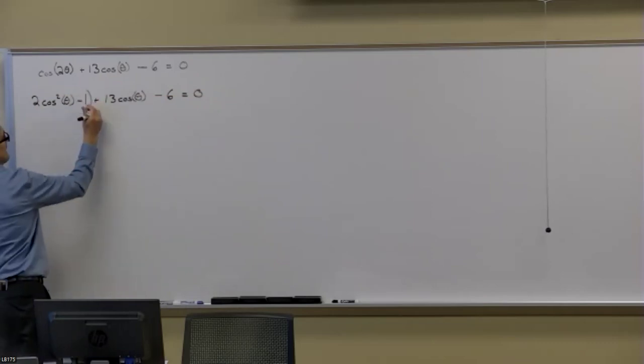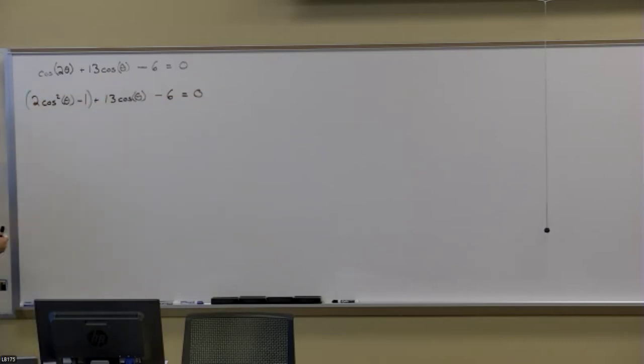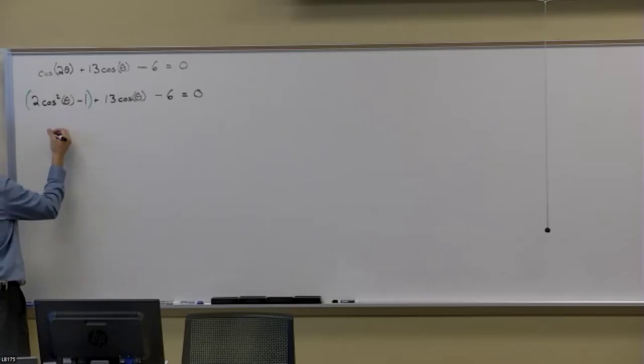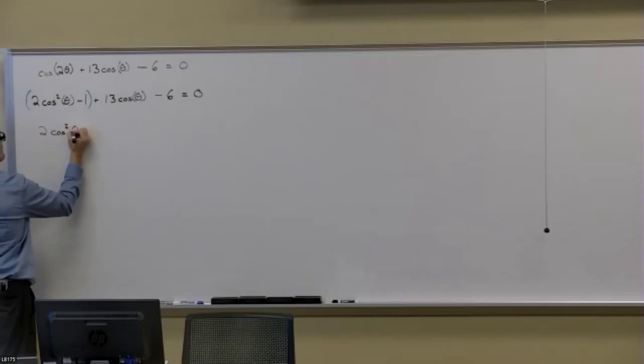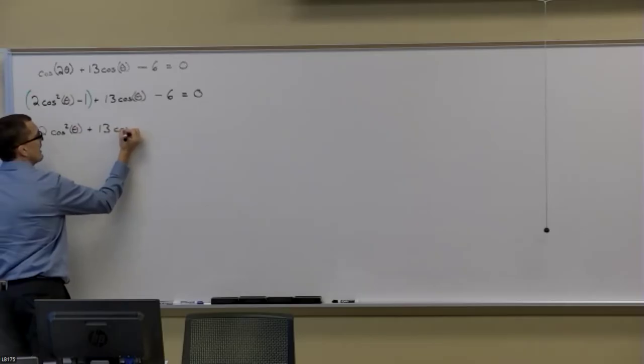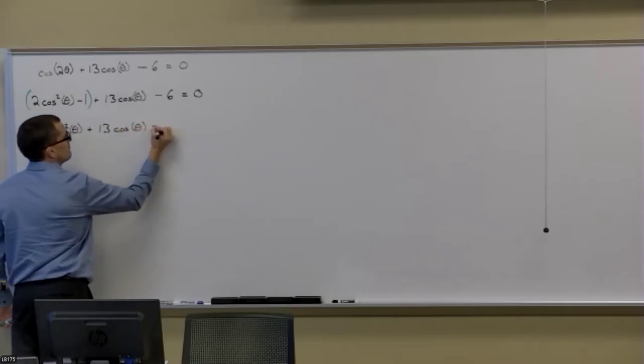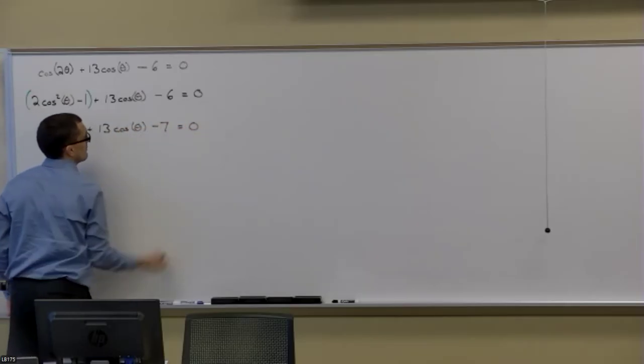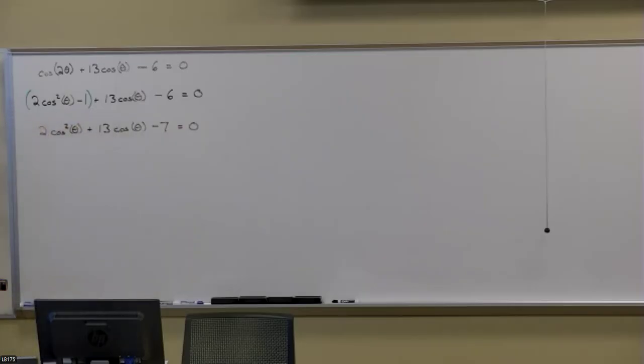So essentially, I'll put parentheses, and we replace cosine of 2 theta with this. Now we can combine some like terms: 2 cosine squared of theta plus 13 times cosine of theta minus 7 is equal to 0. This one, I think, factors.